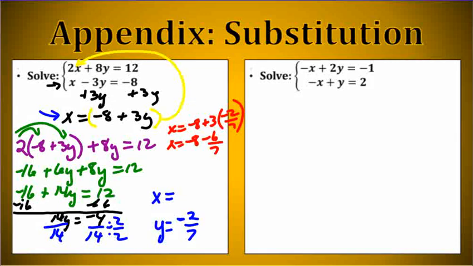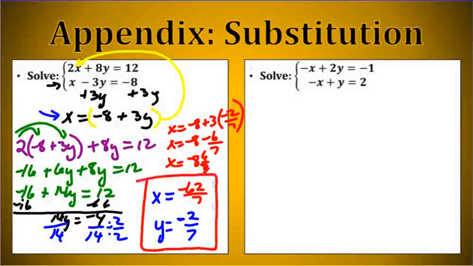This would actually be -8 6/7 as my answer, or if you put it as an improper fraction, 8 times 7, 56, plus 6 gives us 62, so -62/7. This would be our solution.